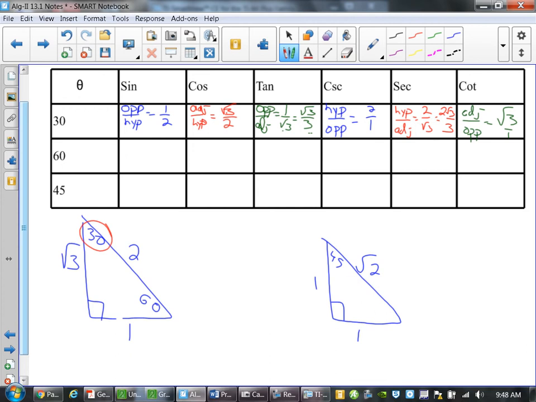Let's try again with 60. I'm not going to write out the opposite and hypotenuse for these guys. I know you guys know that. Let's just go right to the fractions. 60 degrees sine. What over what? Opposite over hypotenuse. So now I'm at the 60, so it's going to be root 3 over 2. Which means that the cosecant would be 2 root 3 over 3. Very good.